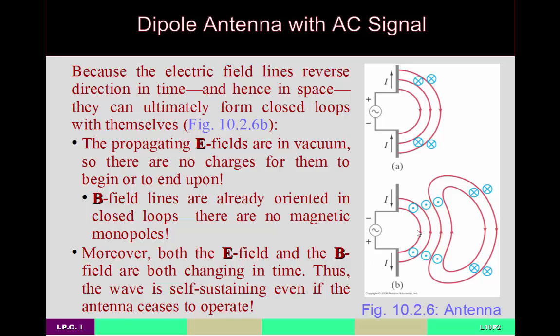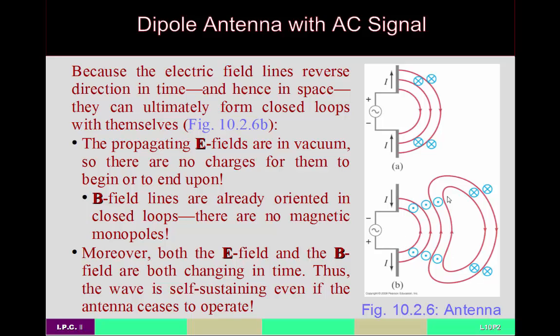So these E fields and the B fields both change in time. And so what that does for us is it means that you get a wave that is actually self-sustaining even if the antenna stops operating. What does that mean though? It doesn't mean that you continue to produce more E-field waves when this stops.